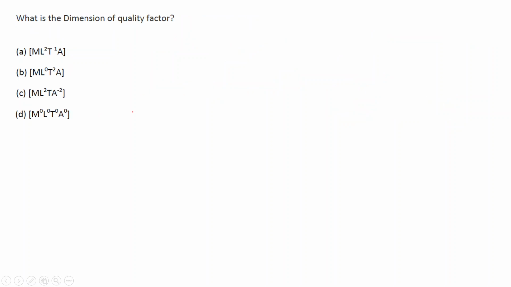Next question is, what is the dimension of quality factor? Quality factor is represented by capital Q. For an RC circuit, if we talk about it, quality factor is the ratio of inductive reactance to resistance.